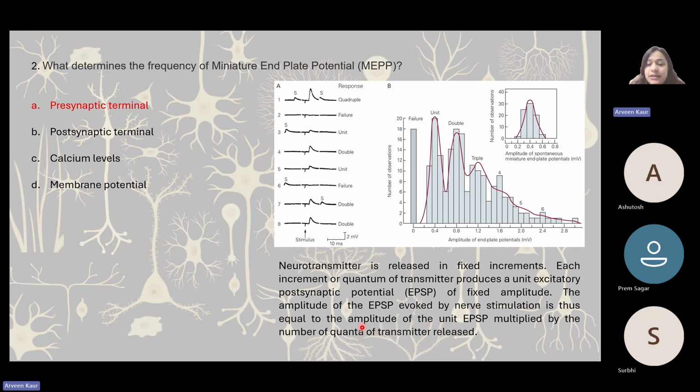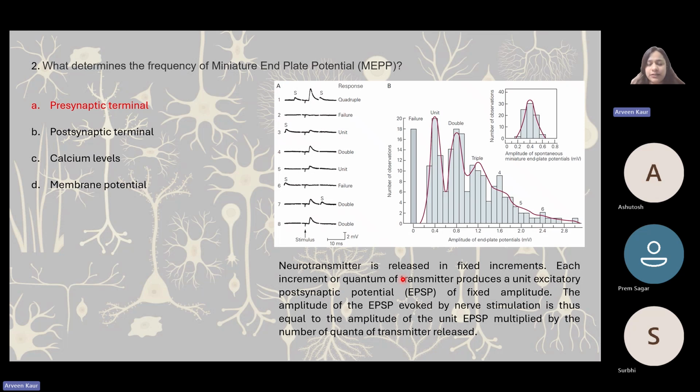transmitter released. So what we want to understand by this is that whatever end plate potential is getting produced is heavily dependent on the amount of neurotransmitter released from the presynaptic terminal, because that is almost like a sole determinant.